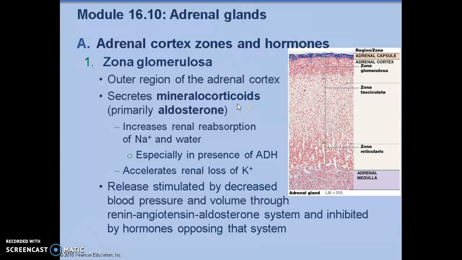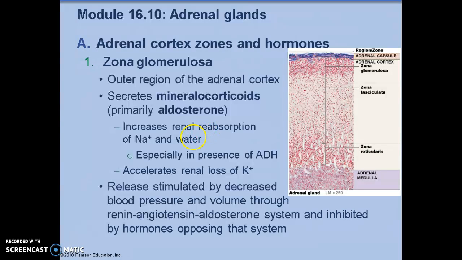Aldosterone will increase renal absorption of sodium. And water follows salt, so water will be absorbed as well. It also secretes potassium from the kidneys. Release of aldosterone is stimulated by decreased blood pressure and decreased volume.